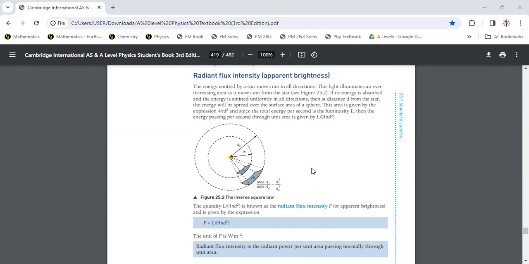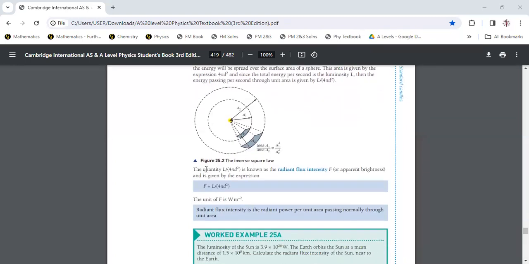The energy is emitted uniformly in all directions, so it will be spread over the surface area of a sphere, which is why it gives the formula F equals L over 4 pi d squared.